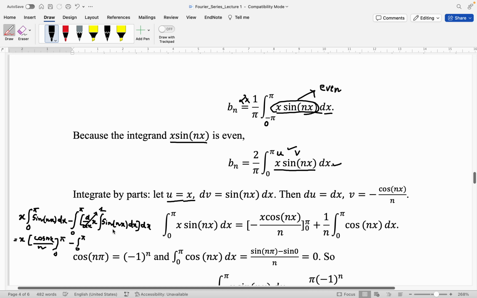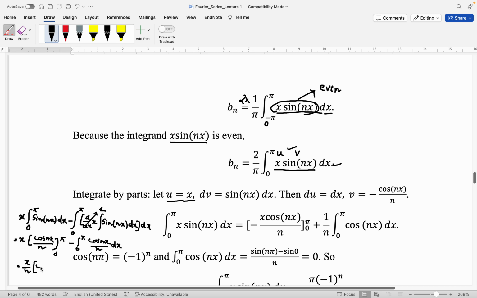And then sine nx dx, so this will again become cos nx divided by n into dx. Okay, and I need to just integrate this. So if you take this, this would be x divided by n, and then you have to put the limits here.